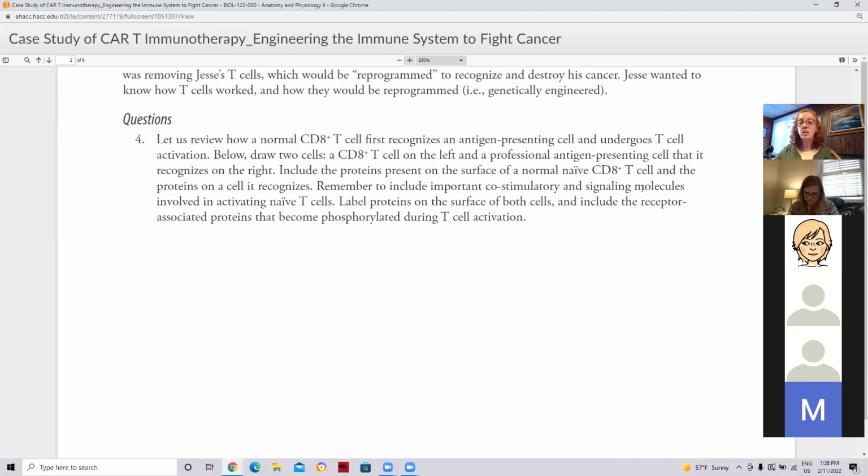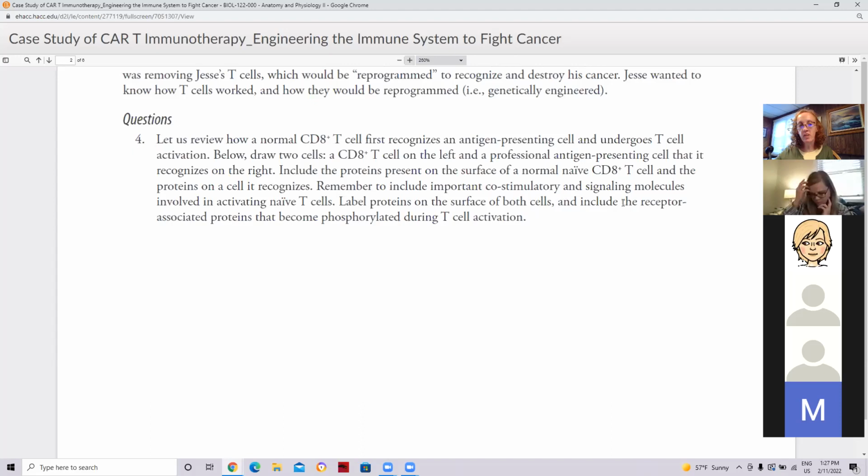Include the proteins present on the surface of the naive CD8 T cell and the proteins on the cell it recognizes. Remember to include important co-stimulatory and signaling molecules involved in activating naive T cells. Label the proteins on the surface of both cells and include the receptor-associated proteins that become phosphorylated.